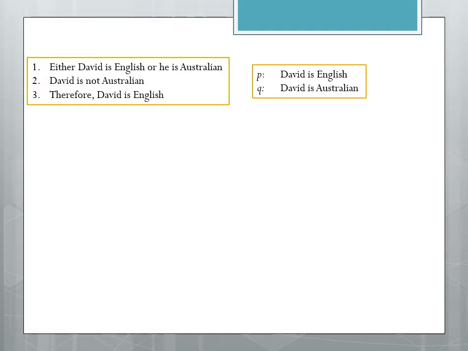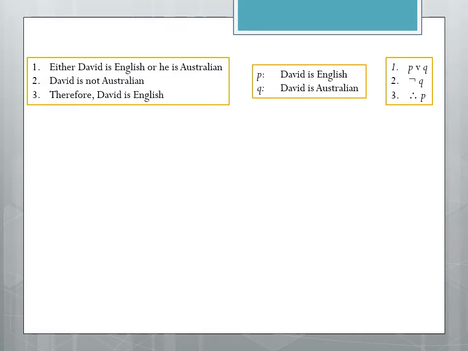And now, given the special terms that we've already introduced, we can complete the translation from English into the symbolic language, and what we get is something like this. The or connective, you'll remember from the last slide, is denoted using a V, or sometimes called a wedge. So the first sentence in English reads either David is English or he is Australian, so we can denote that as P wedge Q. David is English or David is Australian.